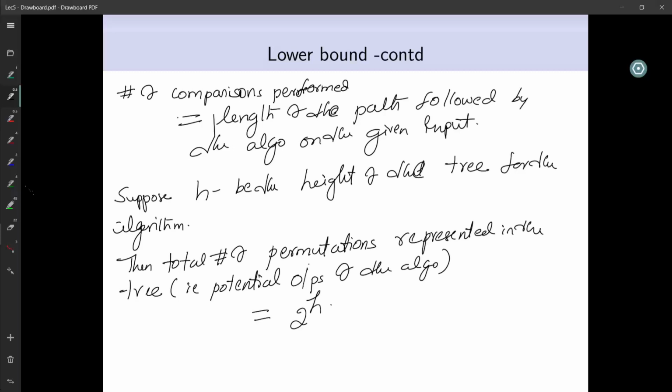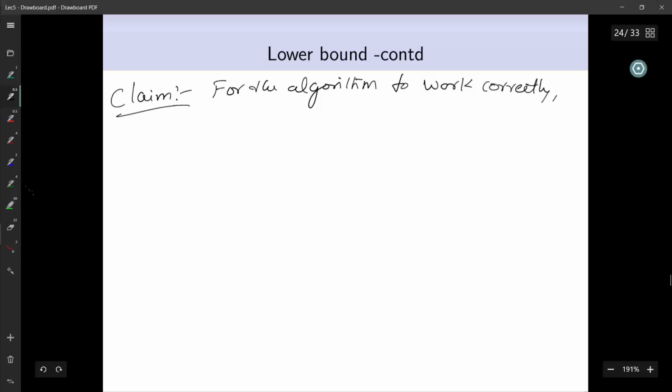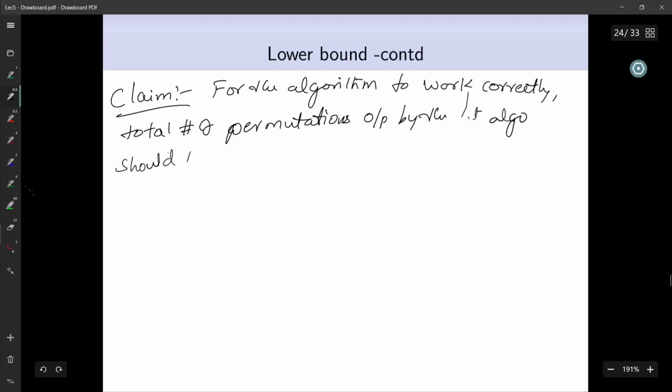So my claim is, claim 1: for the algorithm to work correctly, the total number of permutations output by the algorithm should be n factorial.